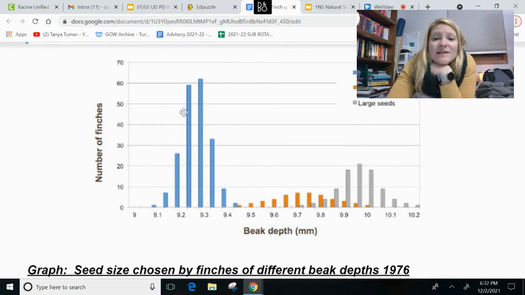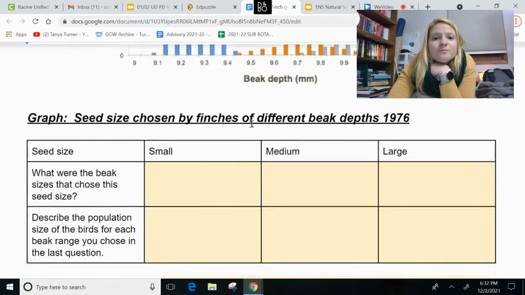So the beak depth sizes that ate the small seeds, you could say the population was around 60, or you could say they had a lot more finches than like this yellow one, or the orange one, sorry. So you can say highest or most population, you could say around 55, 60 finches, just getting a good idea of how many finches there were.